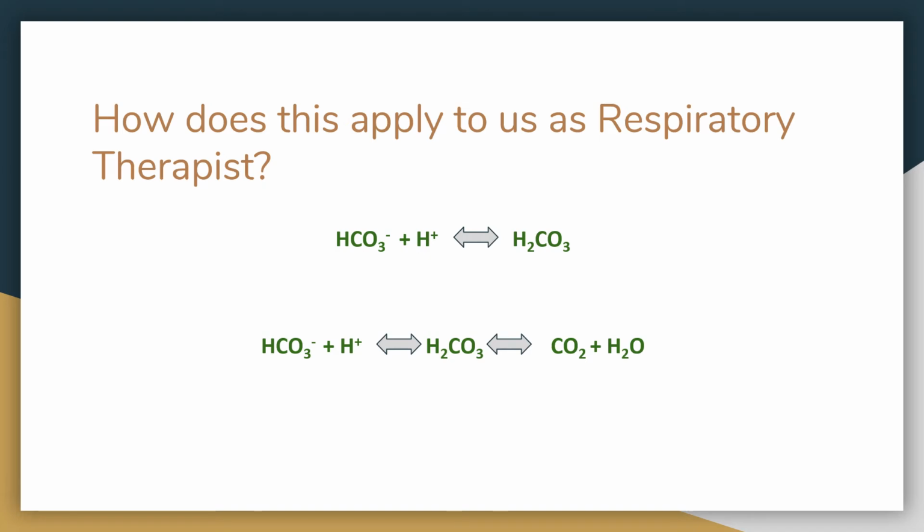So it can also leave by exhaling instead of being converted back to bicarbonate ion, which is on the left side. So these reactions are important in maintaining the homeostasis of our blood. Okay, so you'll become very familiar with this equation. So this is the carbonic acid equation.